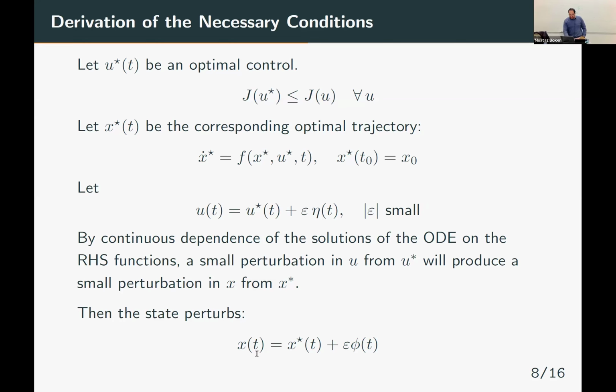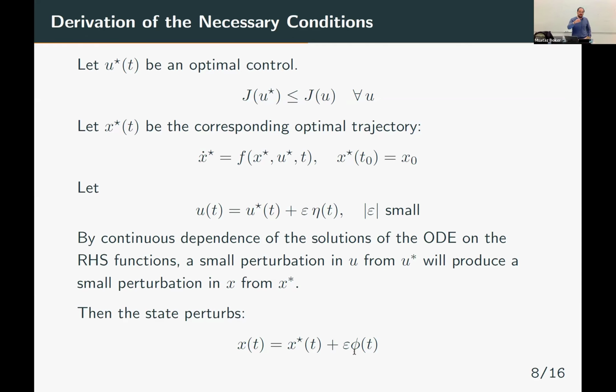So we can write X as X star, the optimal X, plus epsilon, the small parameter, times a vector phi. It's not the same as eta, but it doesn't matter, because we call this term an order of epsilon.